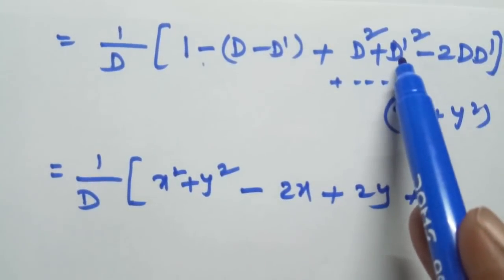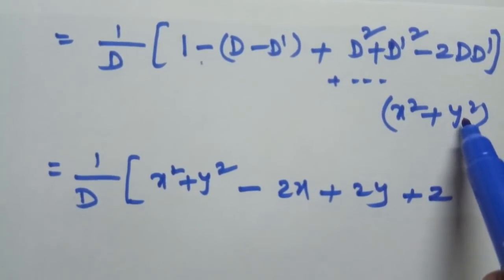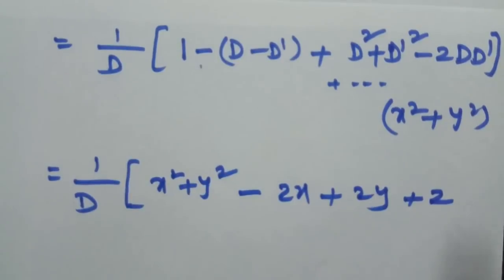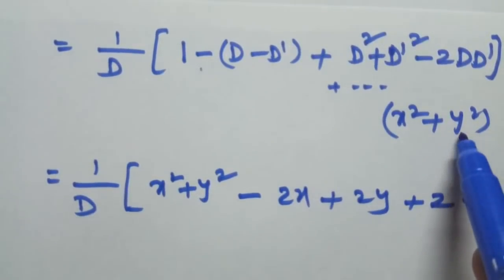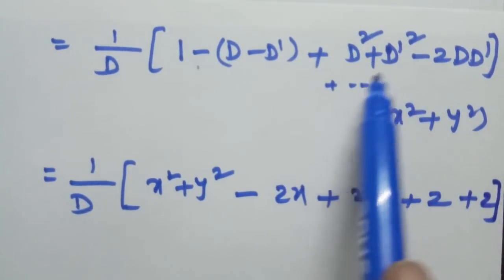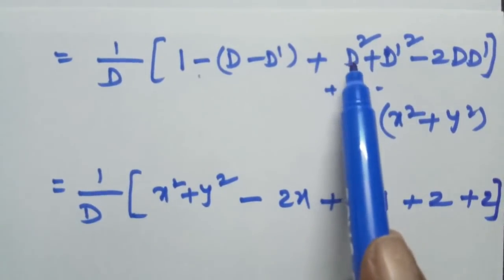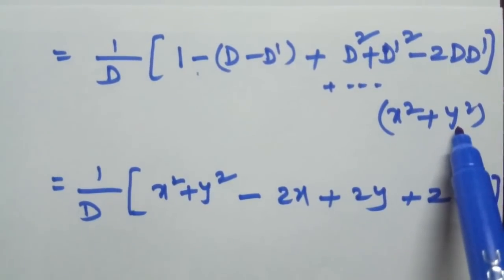Next, the second order partial derivative of y squared with respect to y is also 2. First order derivative is 2y, second order derivative is 2, and D' squared of x squared is 0, D squared of y squared is also 0.